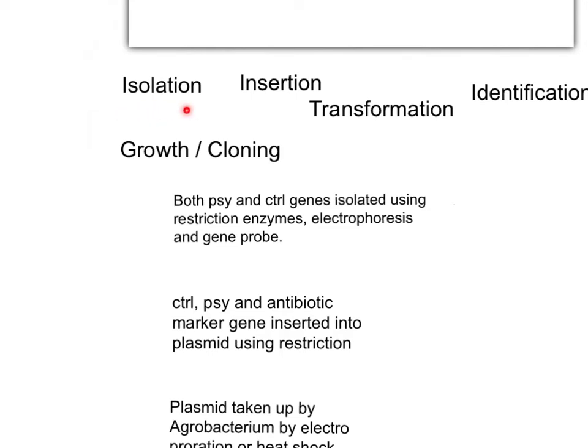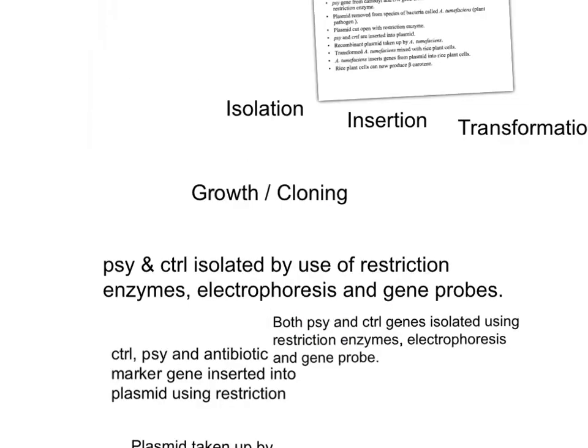The gene from the daffodil and the gene from the soil bacterium have to be isolated from the respective genomes of those two organisms. The isolation process involves the techniques which you learned in the previous screencasts.